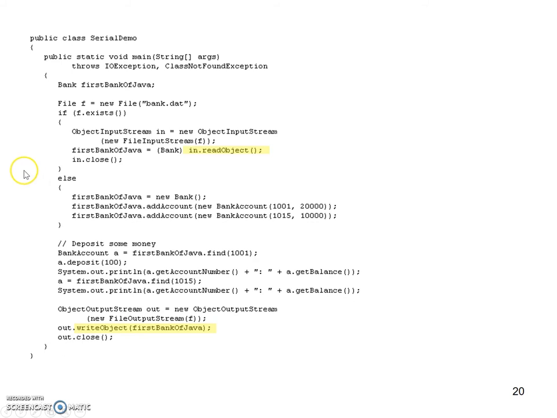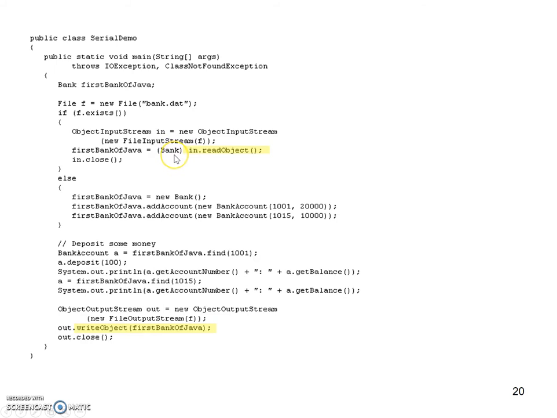So based on that bank definition that we saw previously, here's just a demo of using the bank. I've identified that first bank of Java is going to be an object of type bank. Here's my file. Here I've actually opened up an object input stream for that file. And now I've taken my readObject for my input stream.